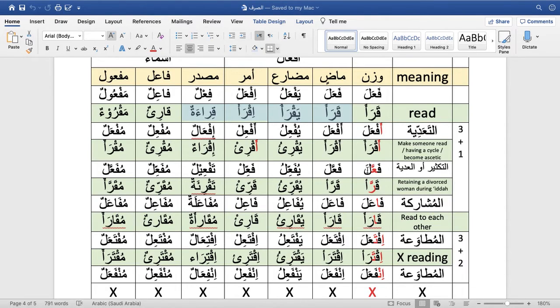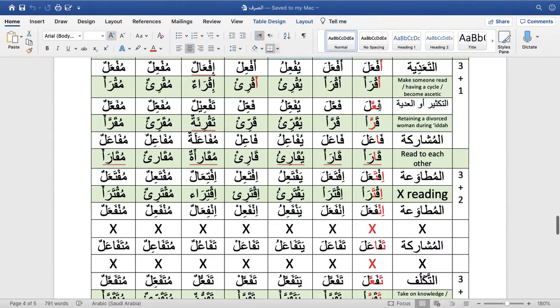Right. Now the next one is fa'ala, which gives us qarra'a. As far as I could find in my dictionaries, which are only Mukhtar al-Sihah as well as al-Mu'jam al-Wasit, I haven't found any meaning for qarra'a that is related to reading. It's all related to the menstrual cycle. It means to retain the woman in your house during the iddah.